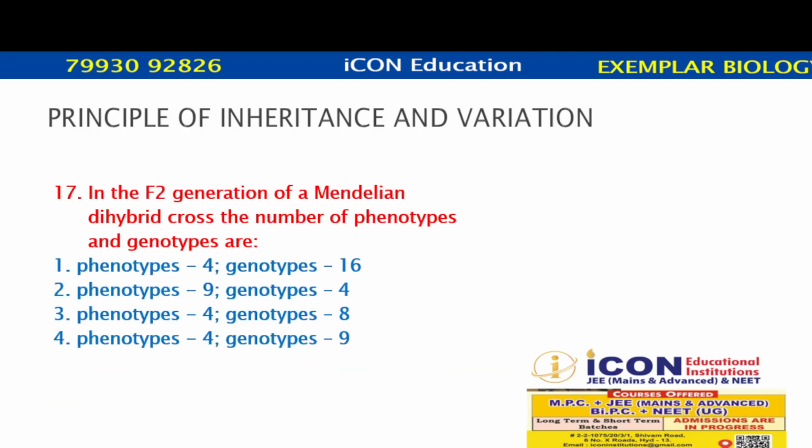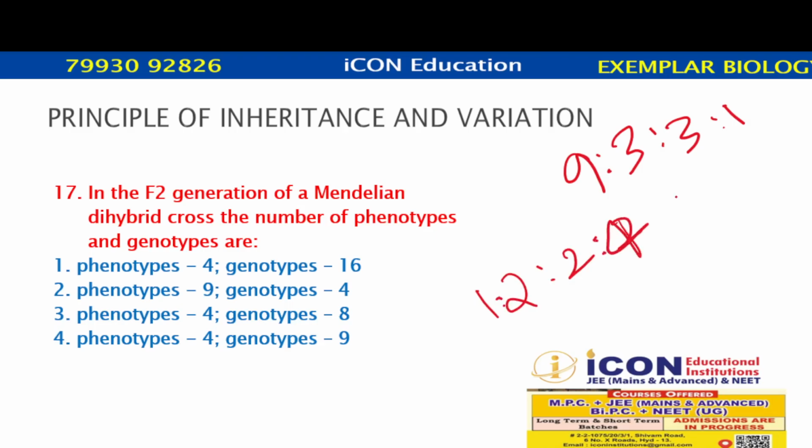In the F2 generation of a Mendelian dihybrid cross, the number of phenotypes and genotypes are... In the F2 generation of a Mendelian dihybrid cross, what is the phenotypic ratio of Mendel? 9:3:3:1. What is the genotypic ratio? 1:2:2:4:1:2:1:2:1.